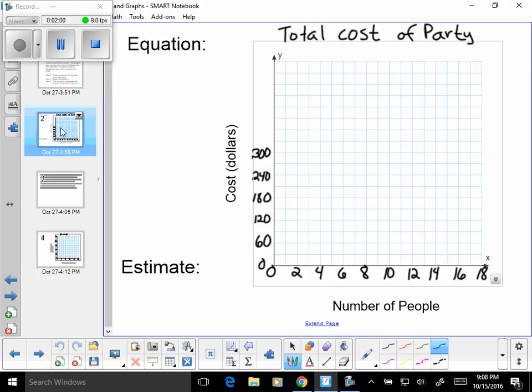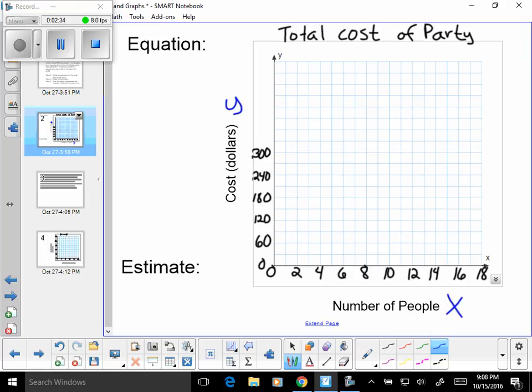You will also notice that I have labeled the x-axis as the number of people. That means this is X. And the cost in dollars is along this vertical axis or y-axis, so the cost is going to be Y. Now, if you remember, the question is how many people can you invite if you are going to spend $275.